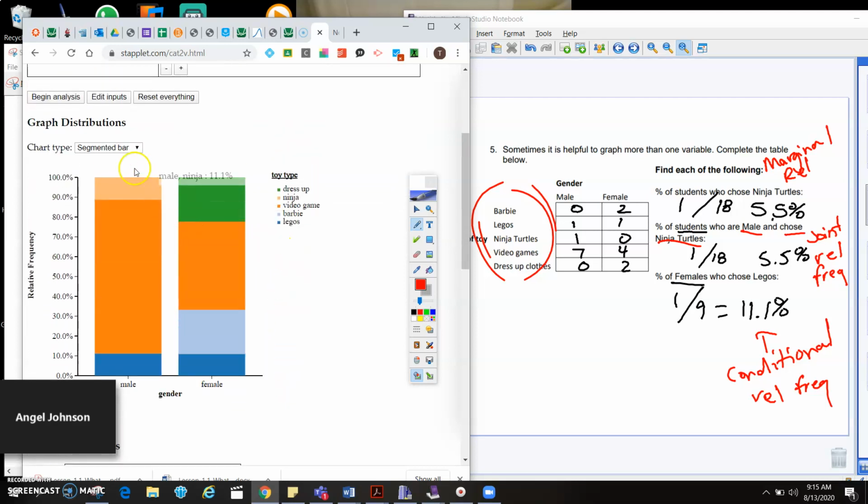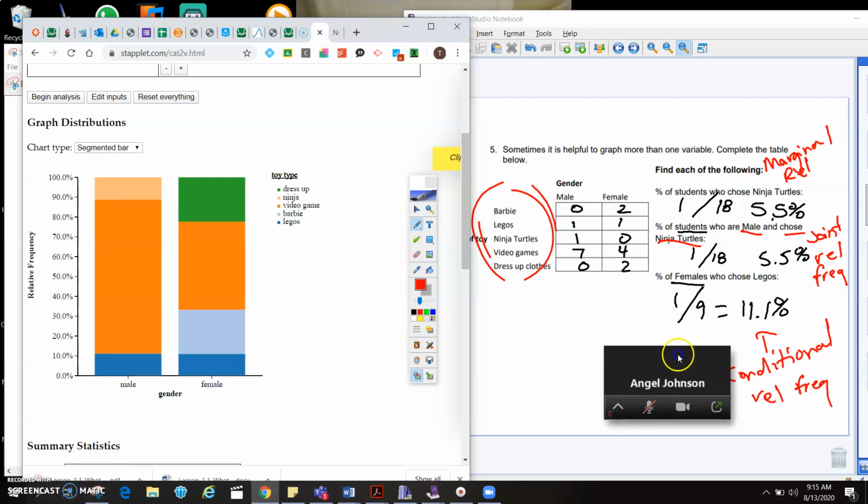And so we'll take these bars and we're going to move it over to our number 8. So one thing that I want to point out on here, this bar graph looks a little weird because it's called a segmented bar. Okay, so segmented bar means that it has pieces, but it's stacked in one bar because you always have 100% of your participants, right? So out of the 100%, we had 11.1% who were male and ninja, right?